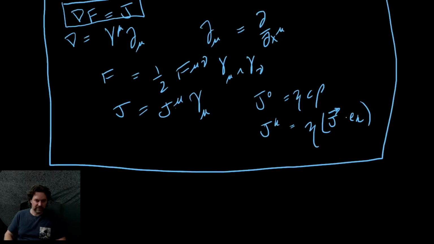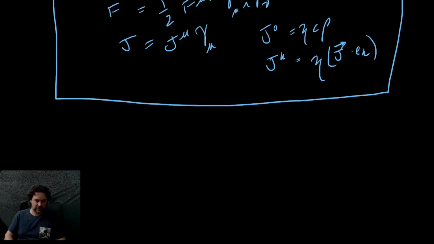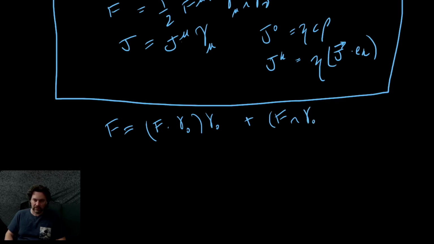So we do that, we get that F, if we project and reject with respect to gamma naught... Let me back up slightly.